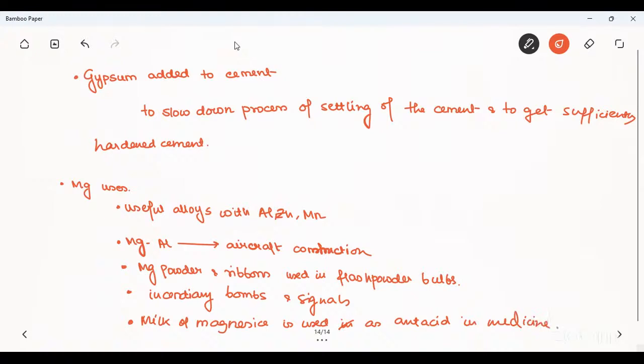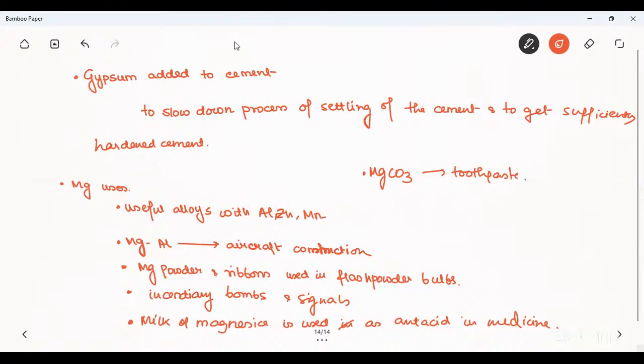And MgCO3 is the main ingredient of toothpaste. So these are the main things.